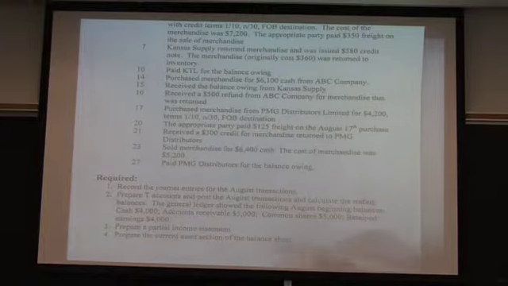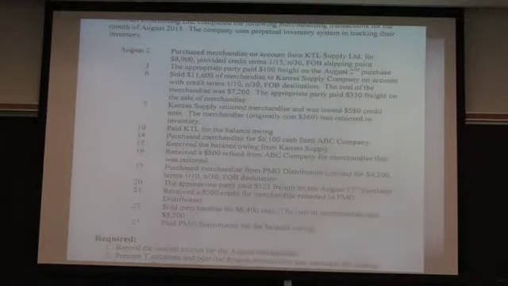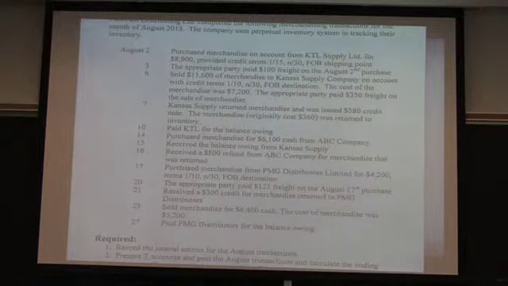Okay, so let's take a look at the first transaction. The first transaction said they purchased merchandise on account. So the word on account means it has to be a credit to accounts payable from KTL Supply for $8,900. And the credit terms are 1/15 net 30.